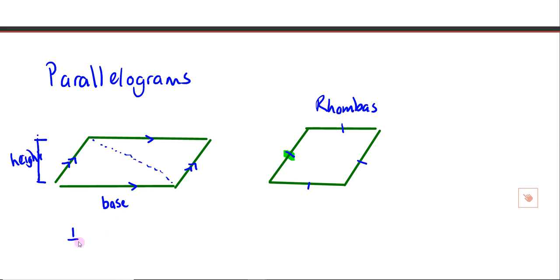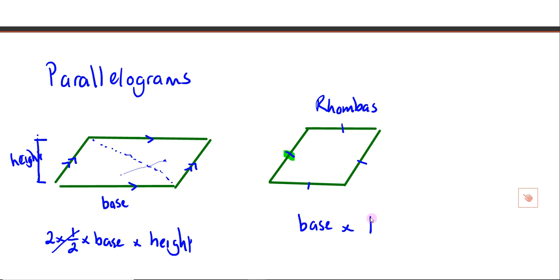But then we would go half times the base times the height, but we've got two of them, so we do 2 times half times. So actually that gets rid of that, and it's just base times height, as long as we understand it's the perpendicular height. Okay?